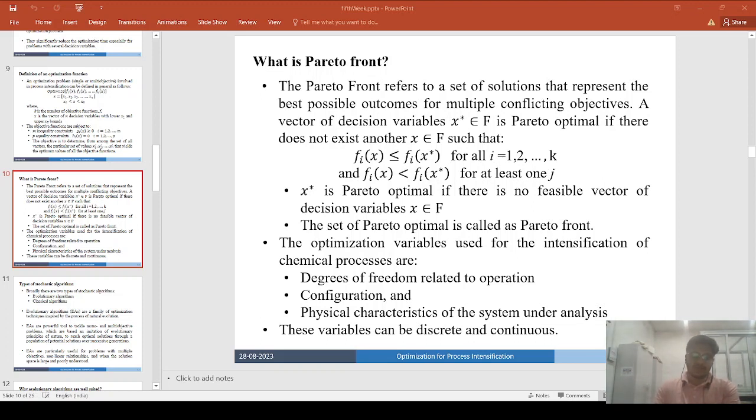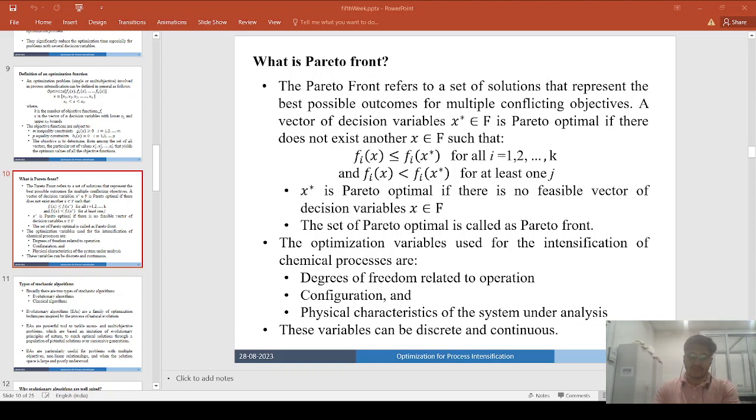Now, types of stochastic algorithms. Broadly, there are two types of stochastic algorithm. So we have seen deterministic methods and we have seen the stochastic methods. Now, focusing on the stochastic methods only, because deterministic methods involve heavy computation and require a basic understanding of the fundamentals of the system.